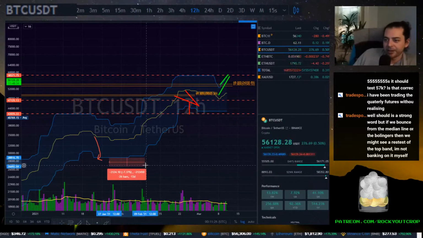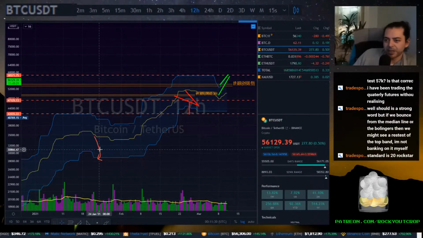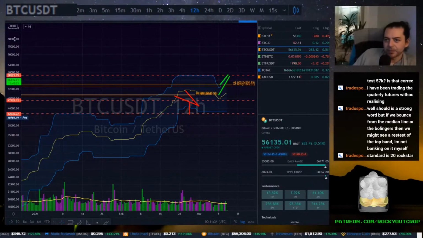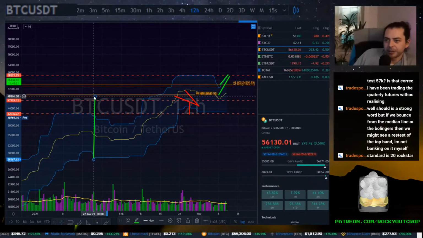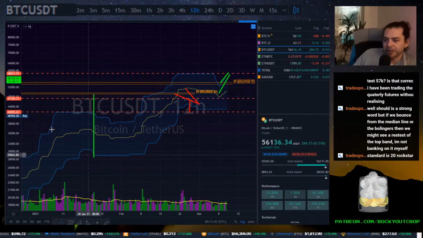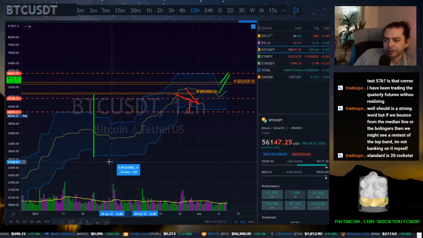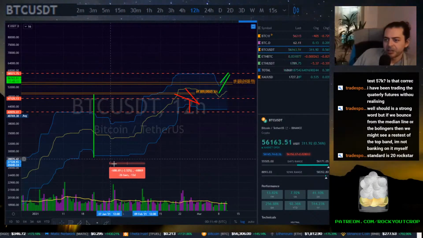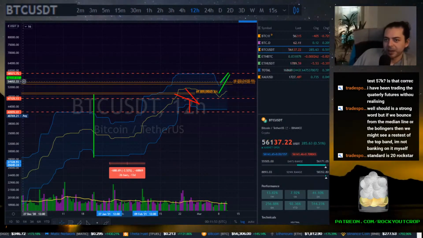Okay, there's 26 bars. So if I just make this line up properly, hold on a second. In here, there was a wick that went down to this area. Over here, going back 26 bars, somewhere in this zone, there was a wick that went down.